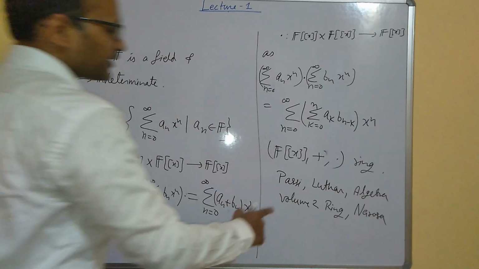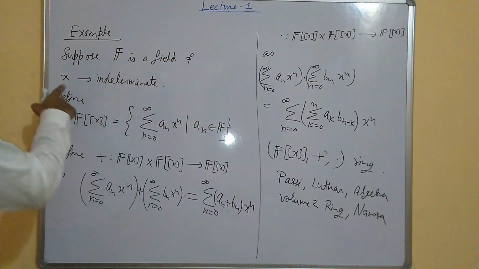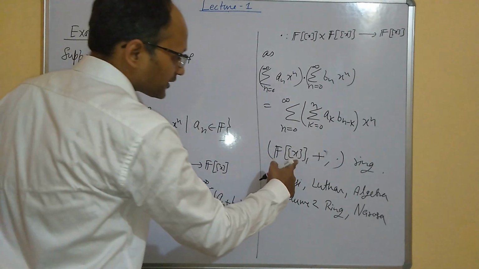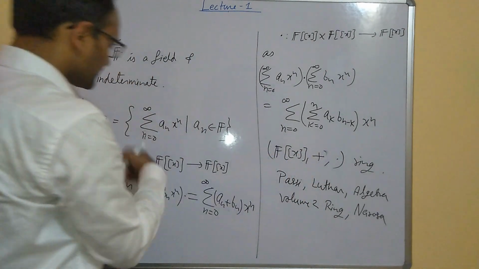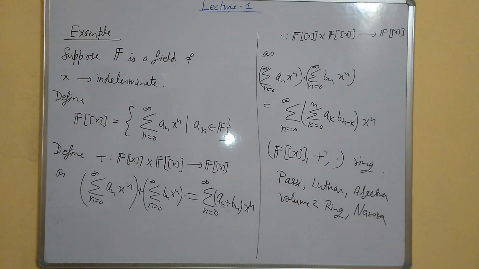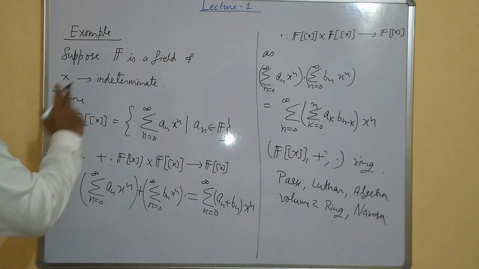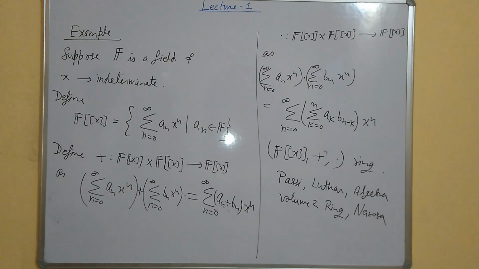You can see it in detail. We have taken only one variable, and there you will find that this ring has been constructed in several variables. So for more detail you can see this book for this example.